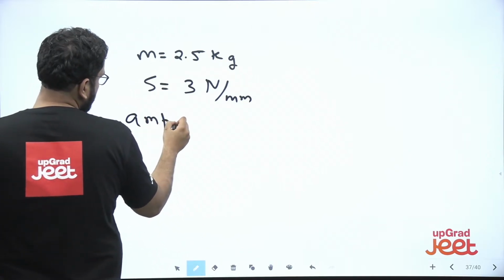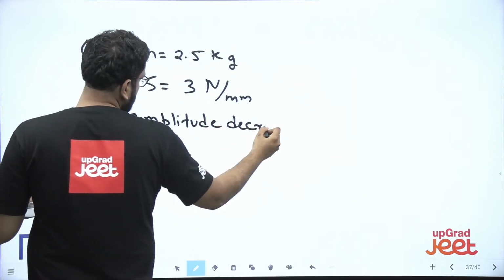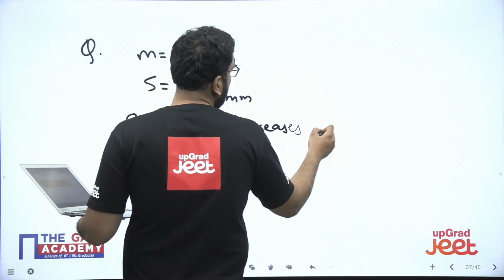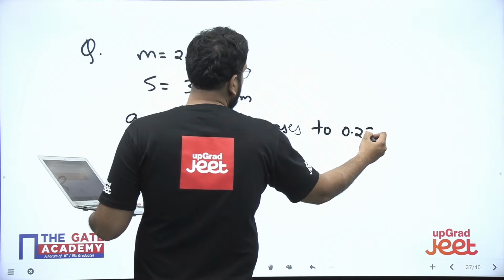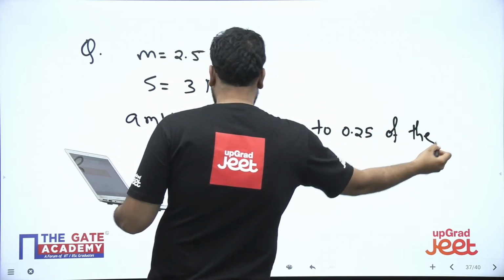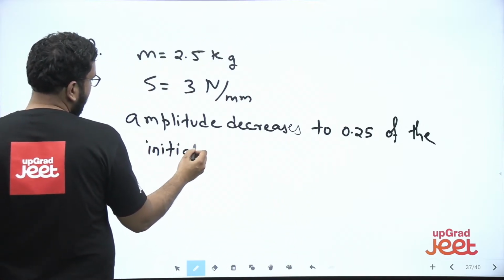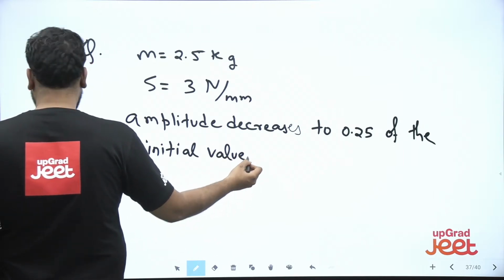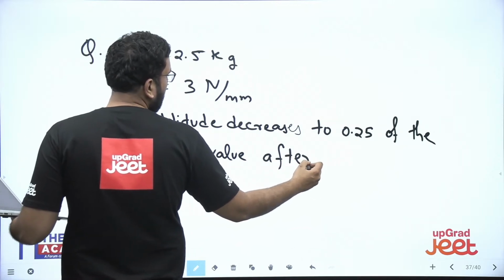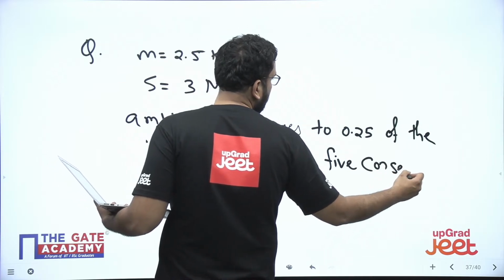Amplitude decreases to 0.25 of the initial value after 5 consecutive cycles.